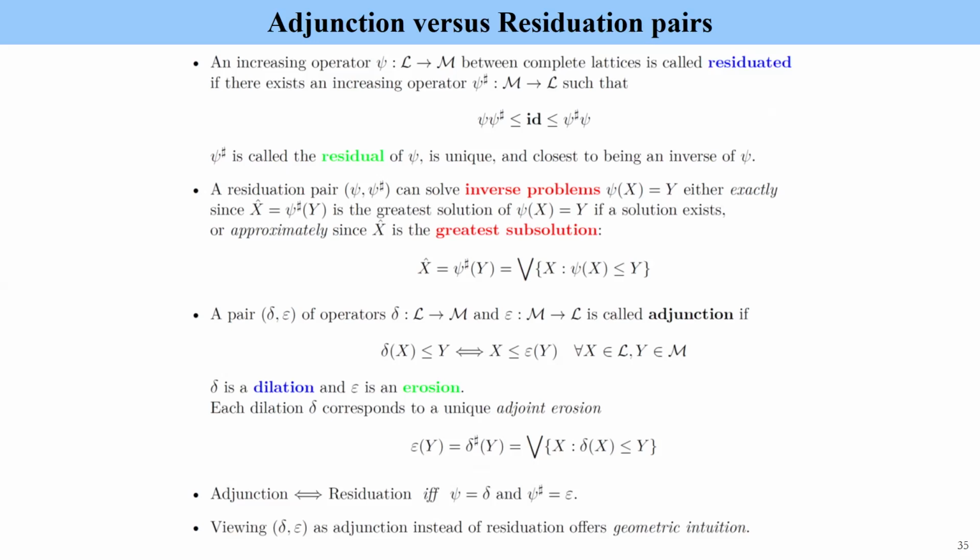The cascade of them gives us the greatest sub-solution to the problem. The ideas are one-to-one equivalent: the adjunction is equivalent to residuation if and only if the psi operator is identified with the dilation and the residual psi sharp is identified with the erosion. The advantage of calling them dilation and erosion is the geometric intuition provided by their application to image analysis or shape analysis.